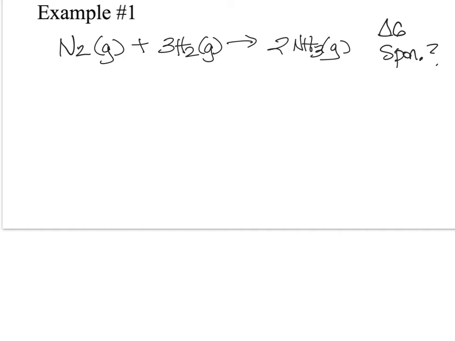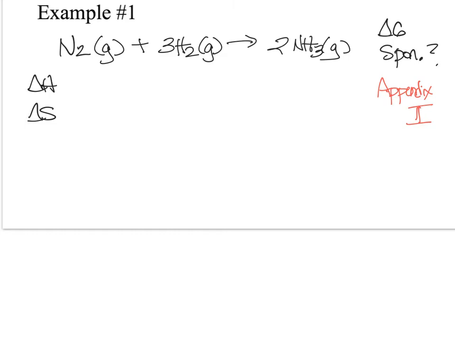We can look up these values for delta H and delta S in Appendix 2 in the back of your textbook, or you can simply look up the energies of formation on your smart device. But it is in your textbook and it is in the chapter as well.